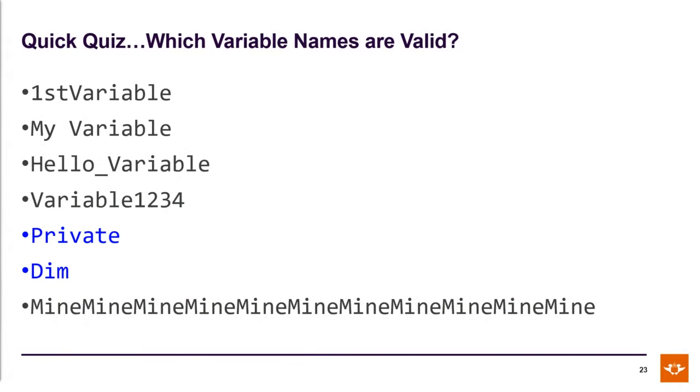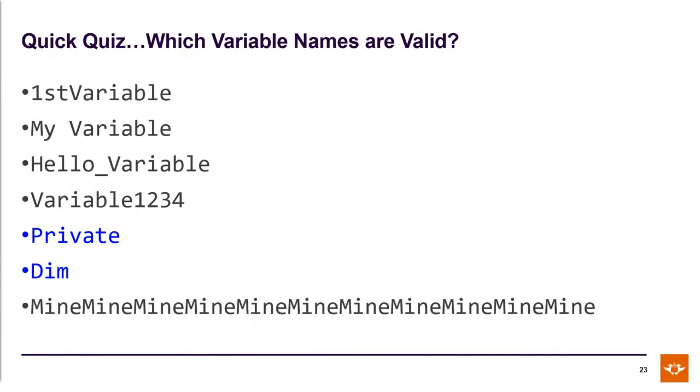So a little exercise. Which variable names are valid? Is the first variable name valid? No. Why not? Starts with a number. Second variable, is it valid? Why not? Has a space. The third variable, is it valid? Why? There's an underscore, so there's no spaces. It's one of the rules we had.